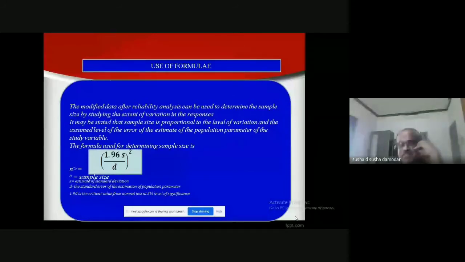In the pilot study, what will we do? We select a certain number of respondents from the original population, from where we select the sample for the completion of our study. From the population, we select a number of respondents for our pilot study.